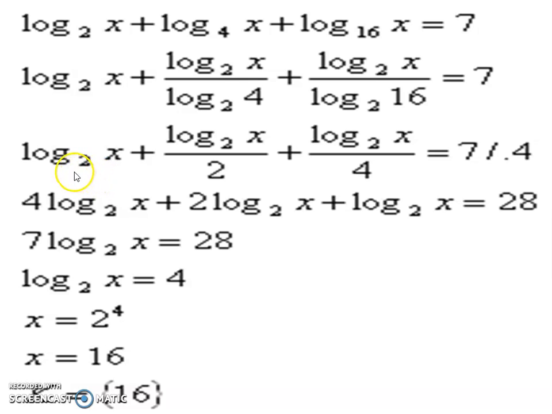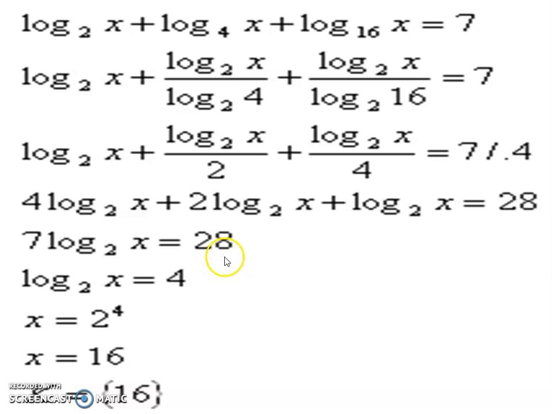Be careful: here 1, here 2, here 4, here 1. The least common denominator is 4, so we can take 4 log x to the base 2 plus 2 log x to the base 2 plus log x to the base 2, is equal to 7 times 4, which is 28.